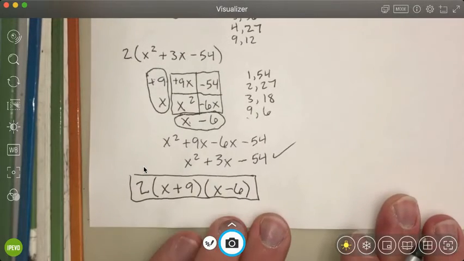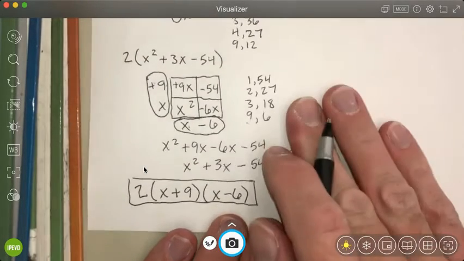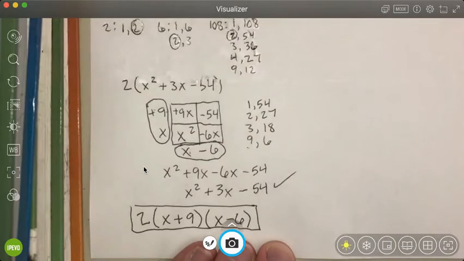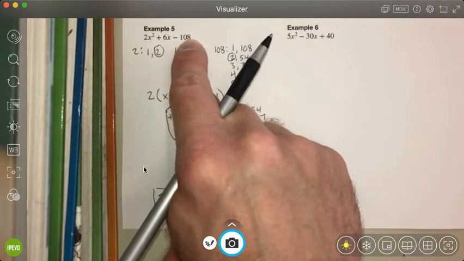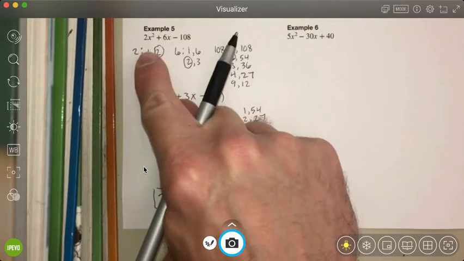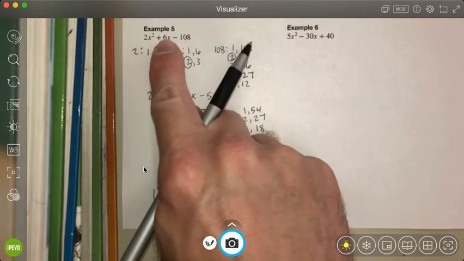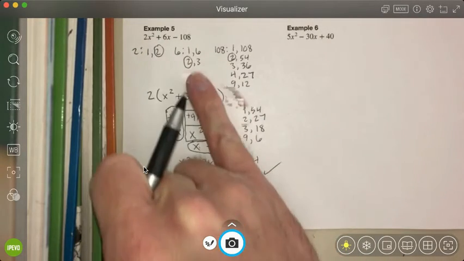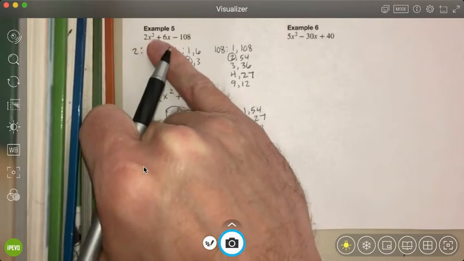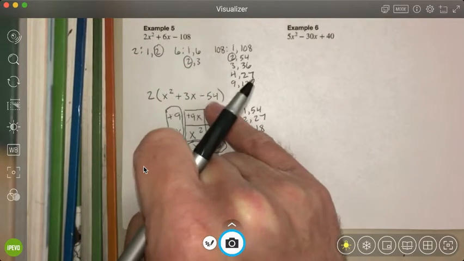So the whole idea is first look at your original expression. See if you can pull out a number if all of these terms share a common factor, which in this case was 2. So I just took out a 2 and divided all these things by 2. Here's what was left.